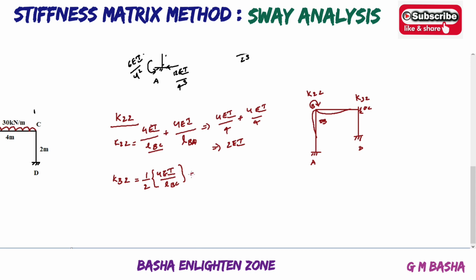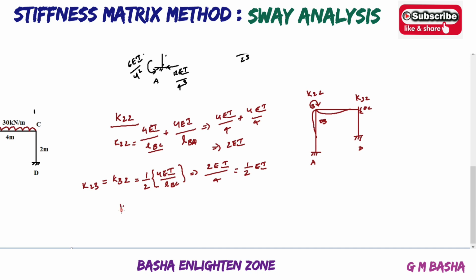Okay, that is 2EI by L, L is 4, that is 1 by 2 EI. Okay, 1 by 2 EI. K32 will be equal to half, 1 by 2 EI. Similarly, K32 will be equal to K23. So don't simplify again K23. Like that you have to take.